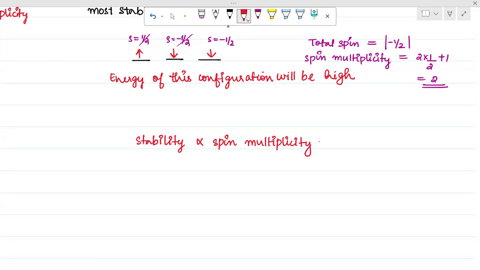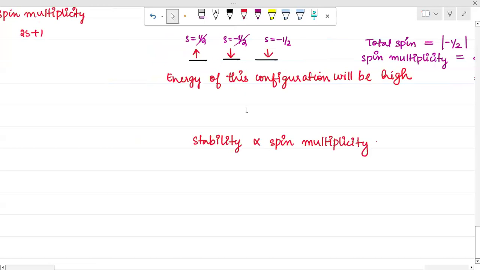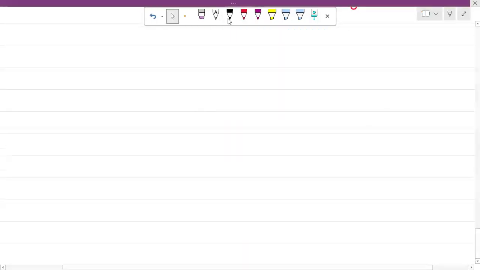Now, another reason that is given, you write down, I'll explain. It's called exchange energy, a very important term that is needed in coordination. For example, you have a D5 system, which is like this.